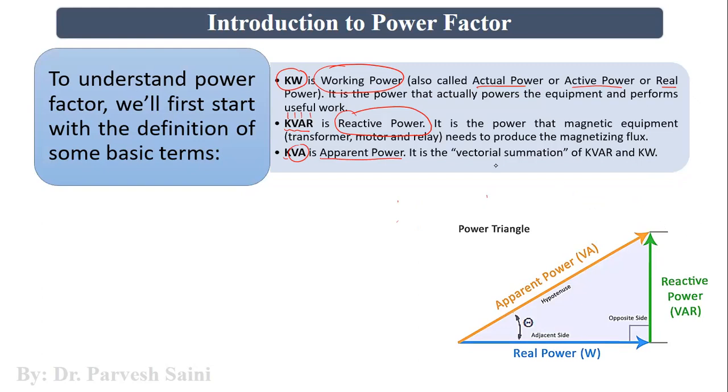Now we can better understand this concept through this power triangle which is shown here. This power triangle can be obtained from the phasor diagram of an inductive circuit. Let us consider our general AC circuit. For any general AC circuit, let us consider that it has a resistance and some inductance in it, right?